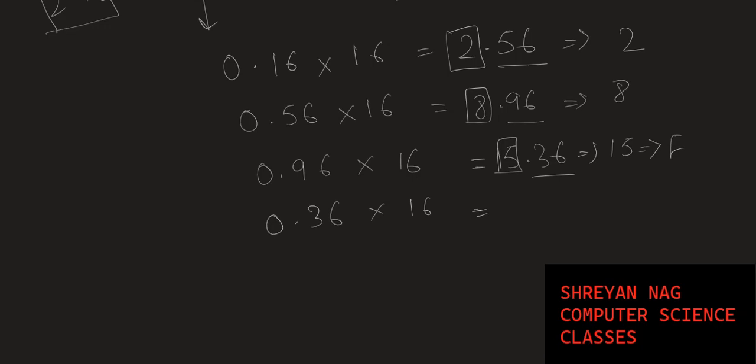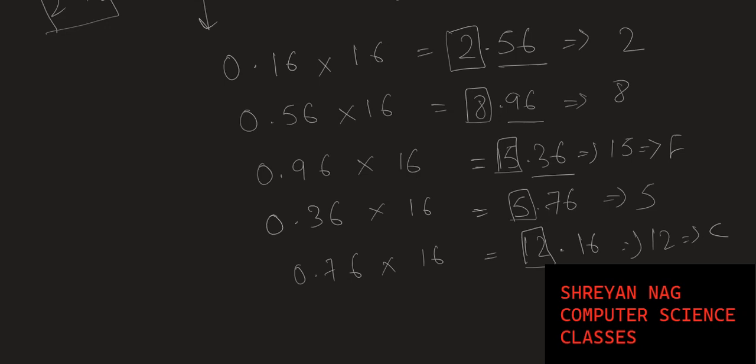0.36 times 16 is 5.76. So 5, and 0.76 times 16 equals 12.16, so we take the 12, and 12 is C. A is 10, B is 11, C is 12.